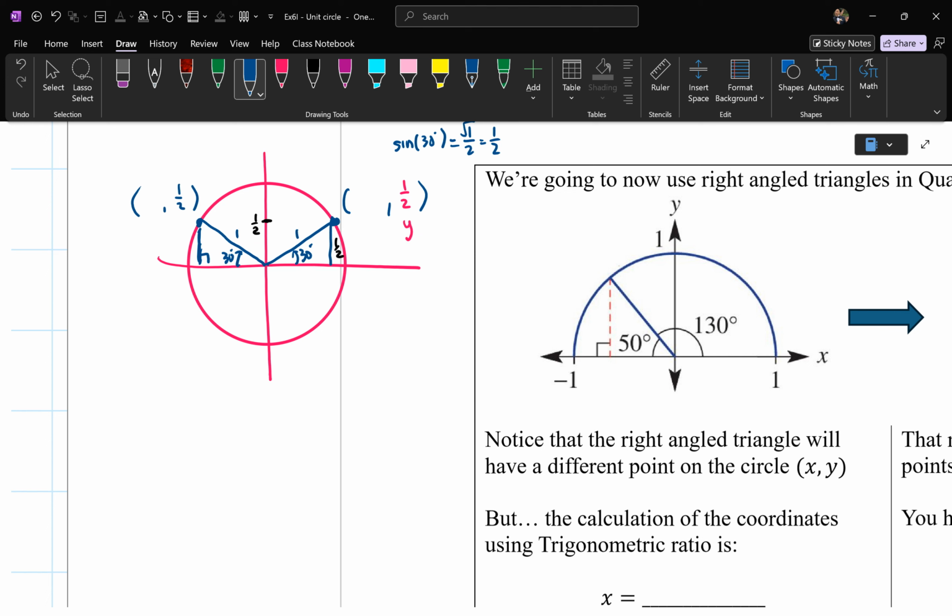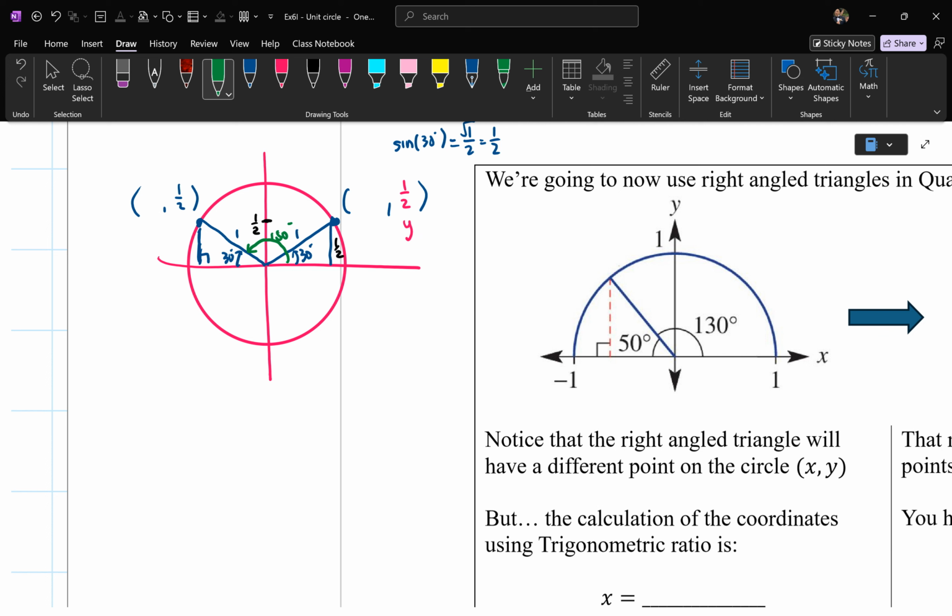But what would the angle have to be if I was starting at zero here and I'm rotating all the way to this point? What would the angle have to be? 150. So, can you see from here to here has to be 150 since this is 30. 150 plus 30 gives you 180 degrees, which is half a circle.